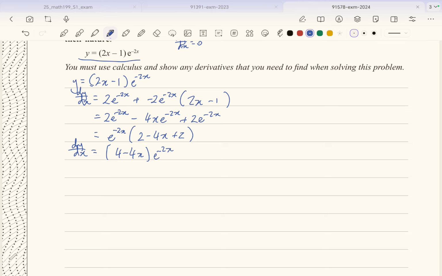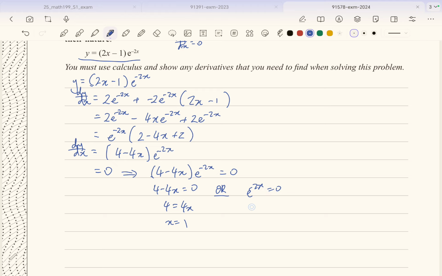We can now set this equal to 0 to find stationary points. So we'll have 4 minus 4x times e to the negative 2x equal to 0. So we have either 4 minus 4x equals 0, that becomes 4 equals 4x and x equals 1, or we can have e to the negative 2x equals 0.